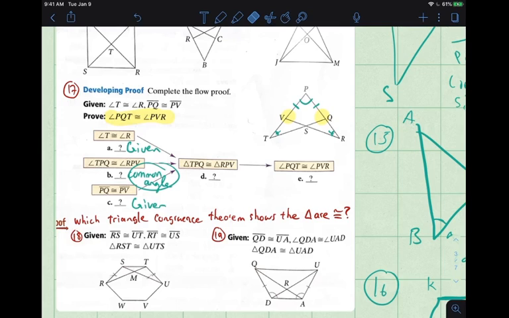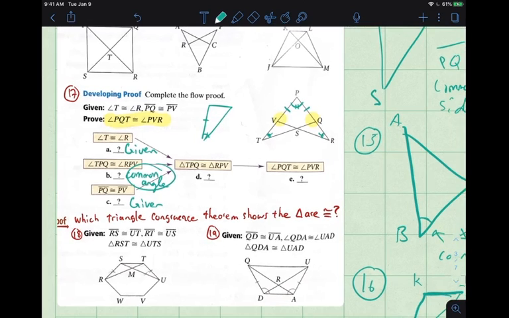Okay, if we know that this angle is the same as itself, we have angle, side, TQP, yeah, angle, side, angle. So if I were to separate it out, which is another way for you to show it, maybe it's a bit more clear, like that, and like that.